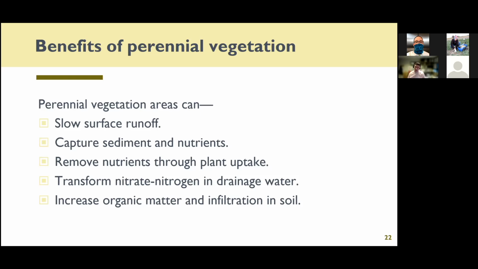That leads to benefits of increased organic matter and infiltration in the footprint of those perennials. Because of that improved infiltration and organic matter, we might also see the border area, whether row crop or perennial, have better infiltration, or even improved productivity on the edge of those pothole areas or wet areas.